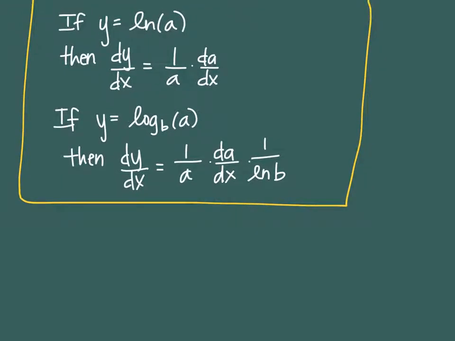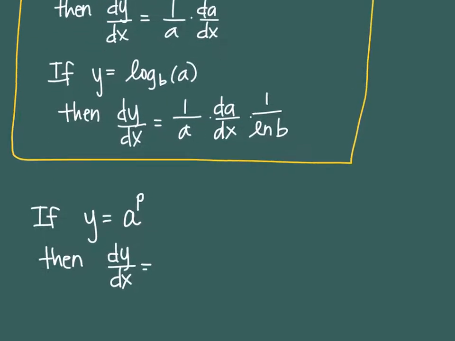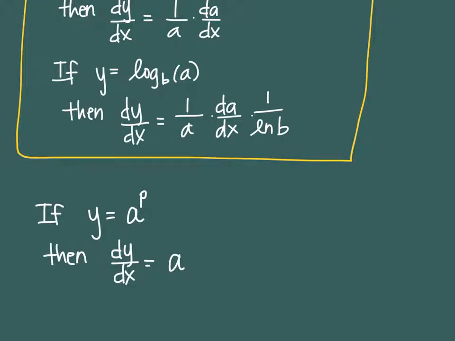Okay, then if we have exponentials, if y equals a to a power p, then dy/dx equals, all right, so the rule is you start with a to the p itself.